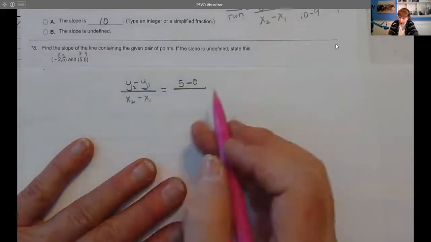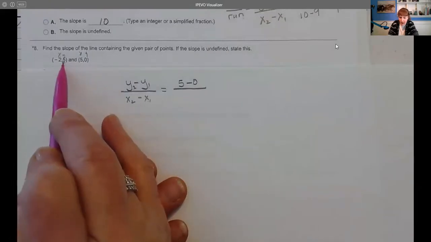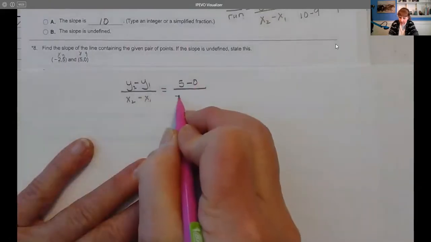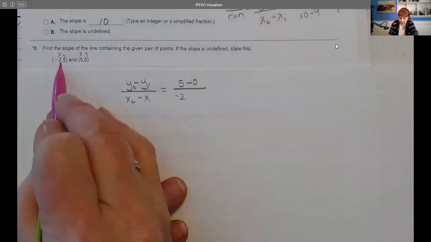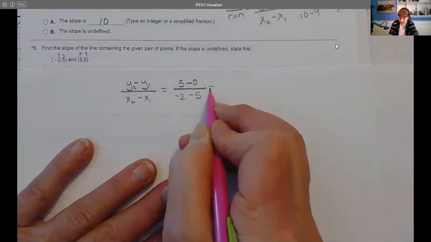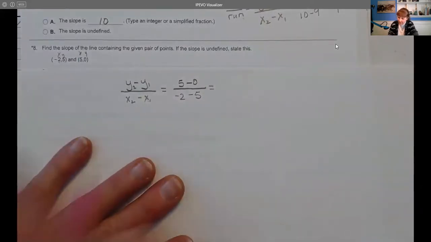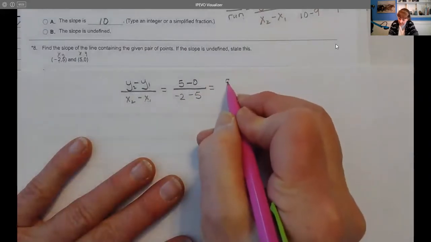All right, so we have the difference in the y's, 5 minus 0. Now, because we started with the 5, underneath we have to start with the negative 2, subtract the other x. Simplify and you're done. 5 minus 0 is 5.